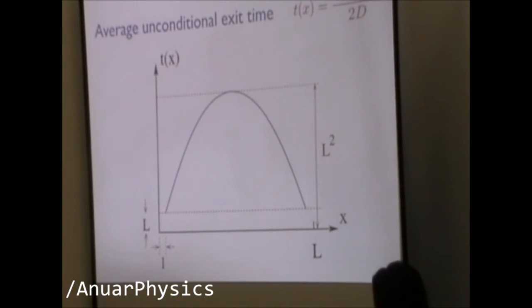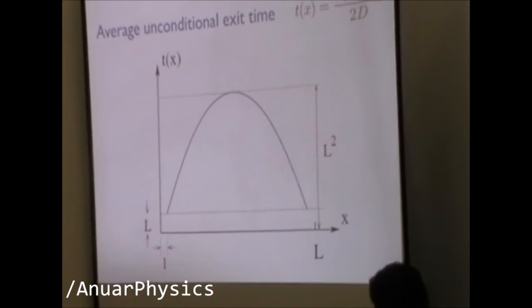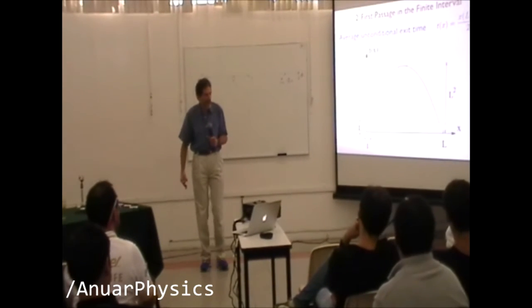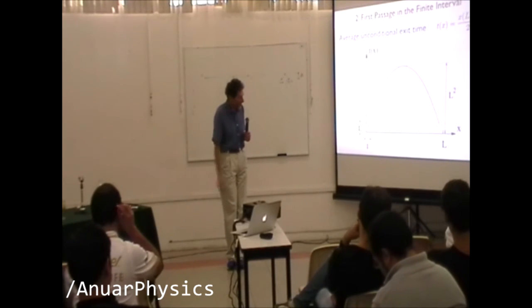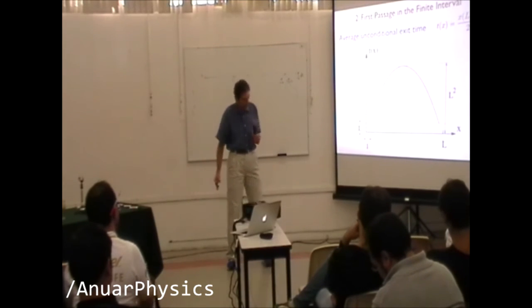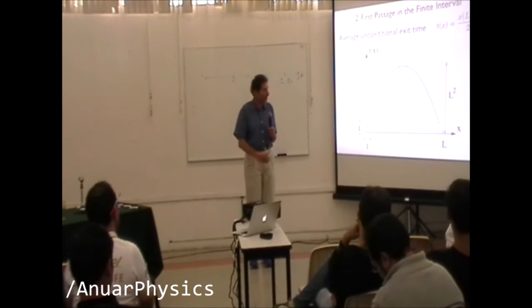And why is that? If you're at the edge of the cliff, so if the cliff is over here, half the time you die right away. Well, not half the time, but the thing is that the very first step I'll go over here, and you can ask, what's the probability to exit at the far edge?